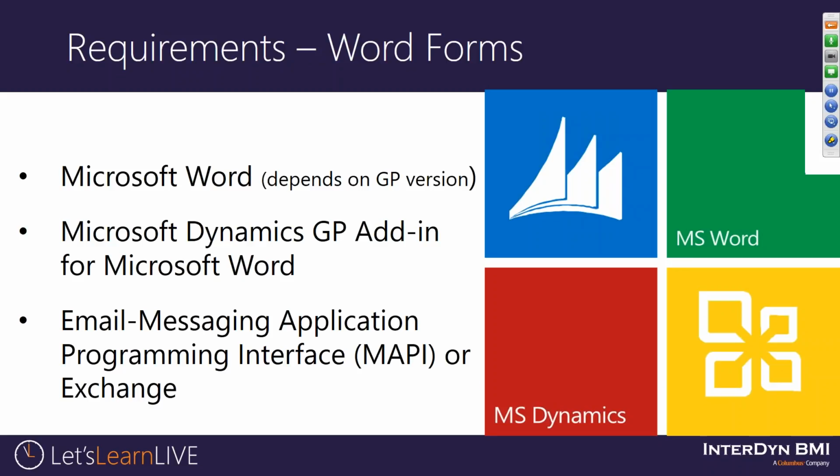Requirements, well, obviously we need Word, and depending on which version of GP you're running, GP supports different versions of Word, and so if you're running GP 6.0, probably not going to work that well with Word 2016. So you kind of know how that goes. Your Office and your GP are usually in pretty close synchronization.